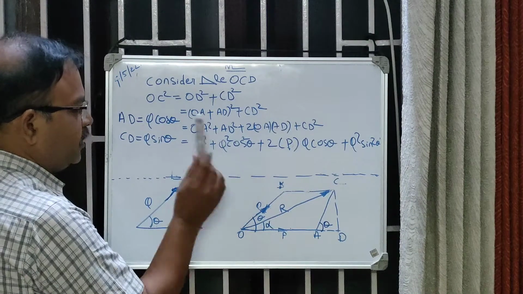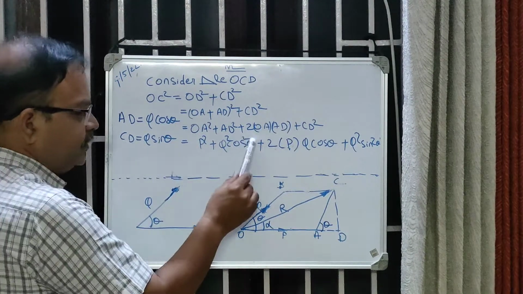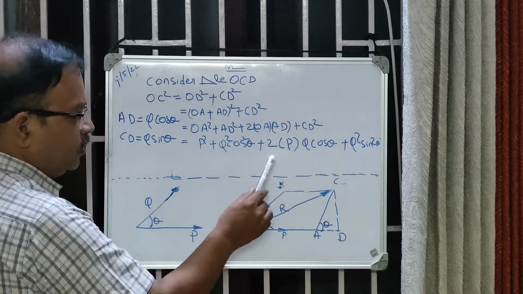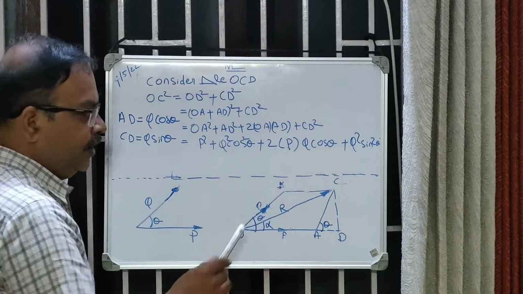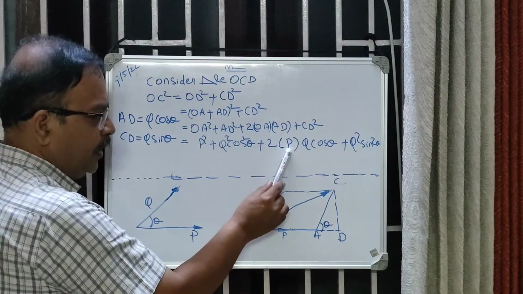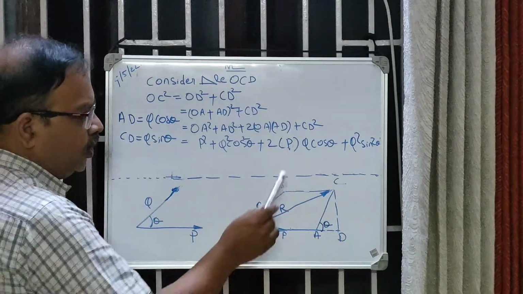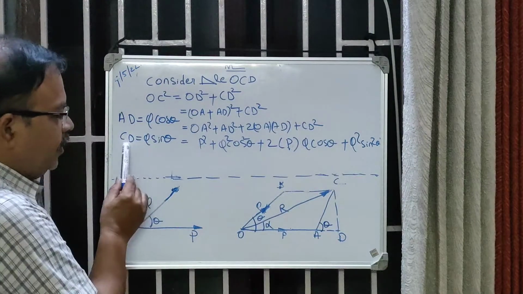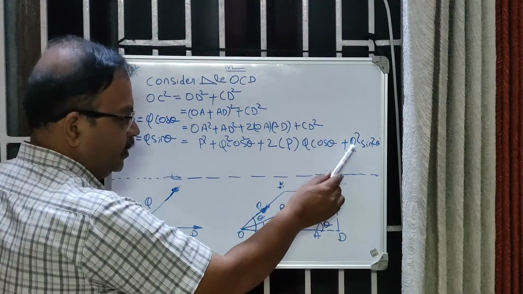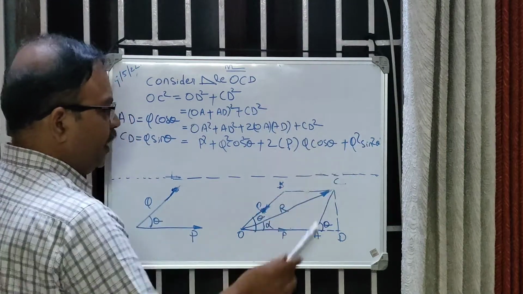So Q square cos square theta plus 2 into OA. What is OA? OA is P. So 2 into P into what is AD? AD is Q cos theta. So 2 into P into Q cos theta. Now what is CD? CD equal to Q sin theta. So we apply here Q square sin square theta.